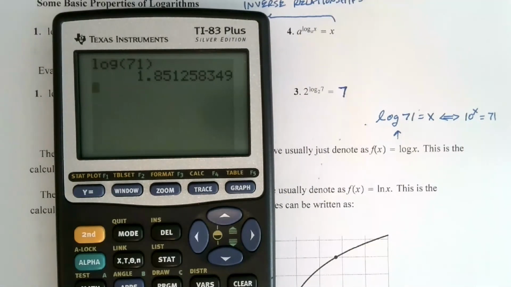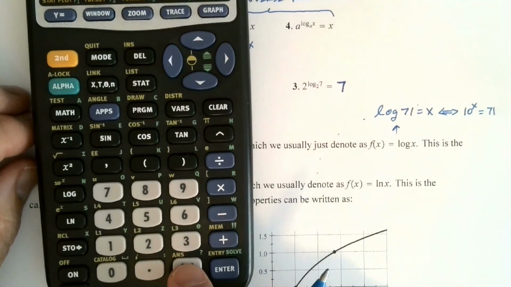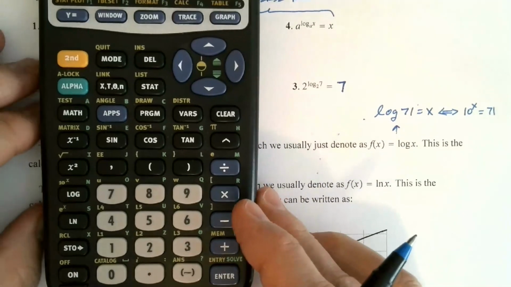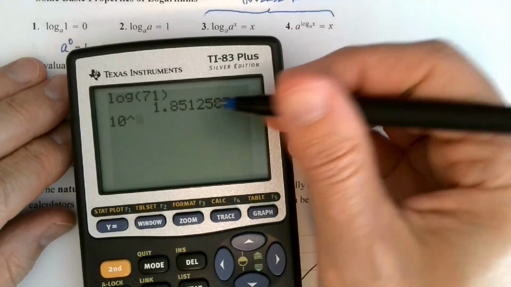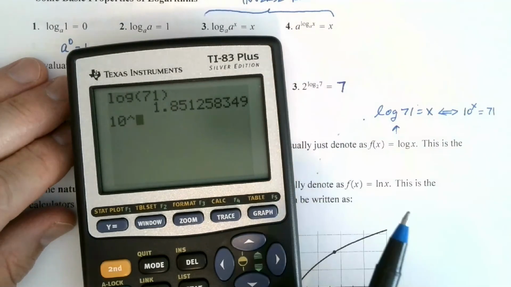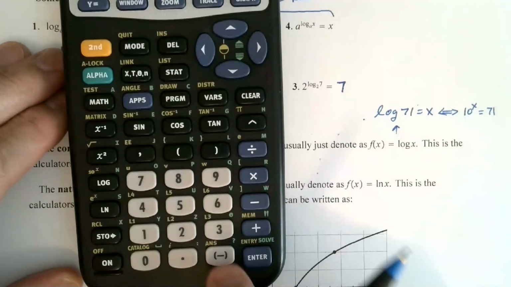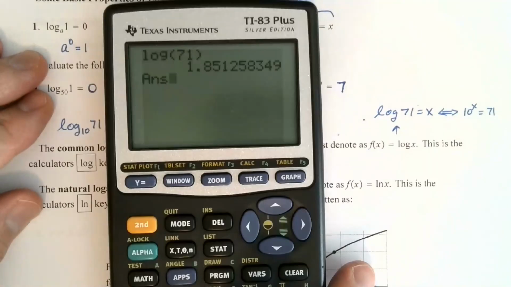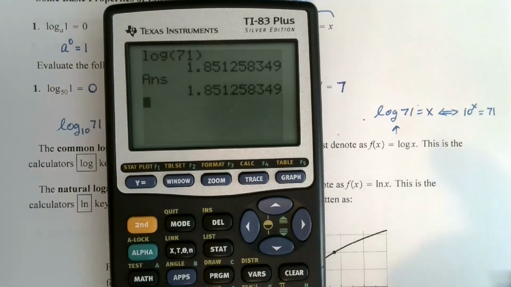And as a check, let's just see. If I take 10 and raise it to this power, now I've got to be careful not to round. So the way I'm going to do that is I'm going to use the answer, ANS. I don't know if anyone has seen that before, but ANS gets the value that you computed, and it's updated each time. Let me clear this out for a minute. If I just do second and then hit that little minus sign, which is answer, then hit enter, it just stores the value.